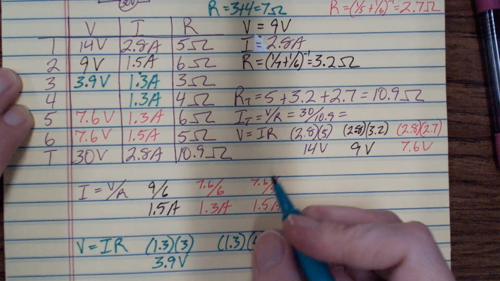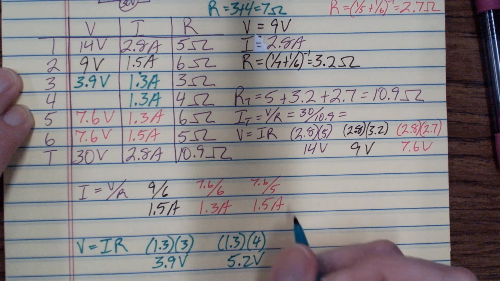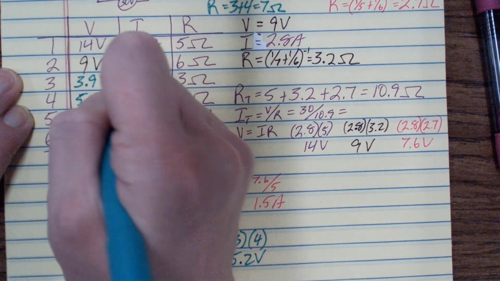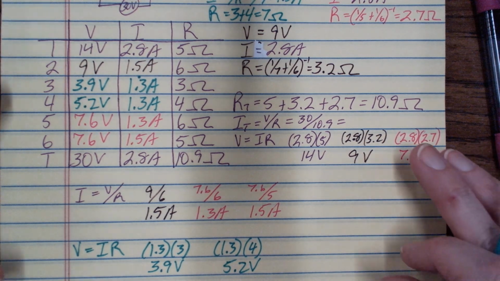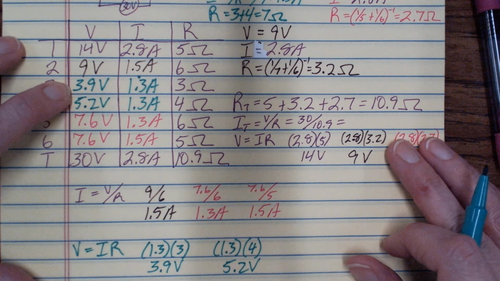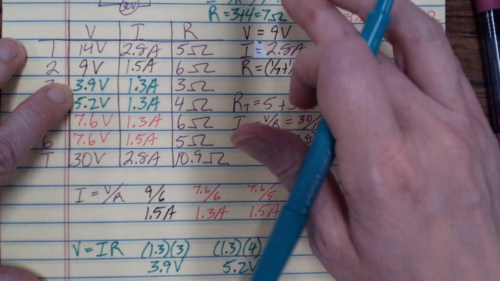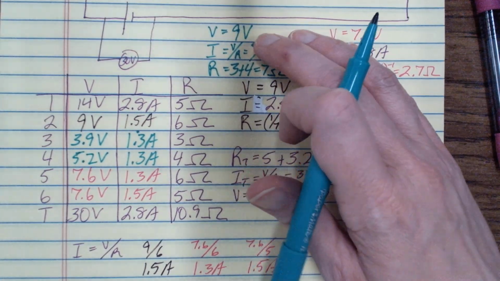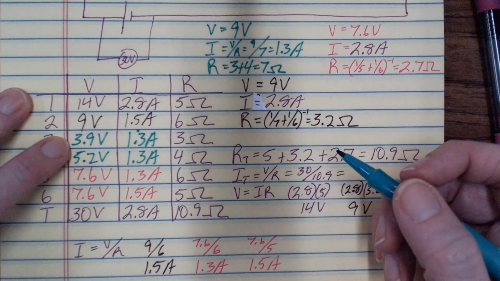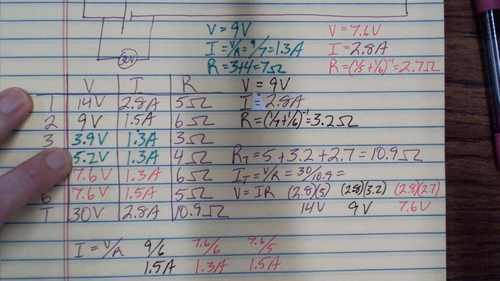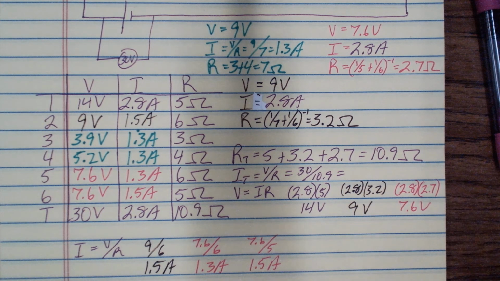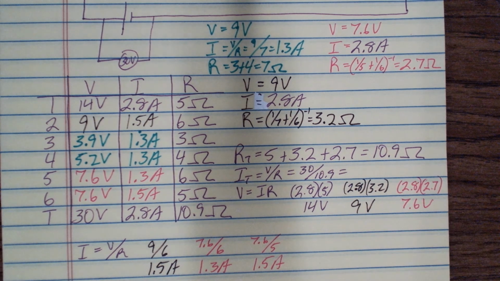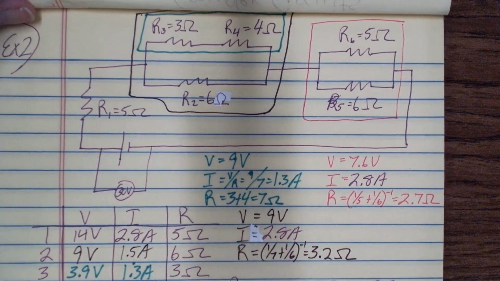Yep, 5.2. Okay, and if I were to add up those two voltages, they should equal the total voltage on my green box, which was 9. And so 3.9 plus 5.2 is about 9.1. That's close enough to 9 to say that that's right, okay? And so that's another method to do complex circuits.